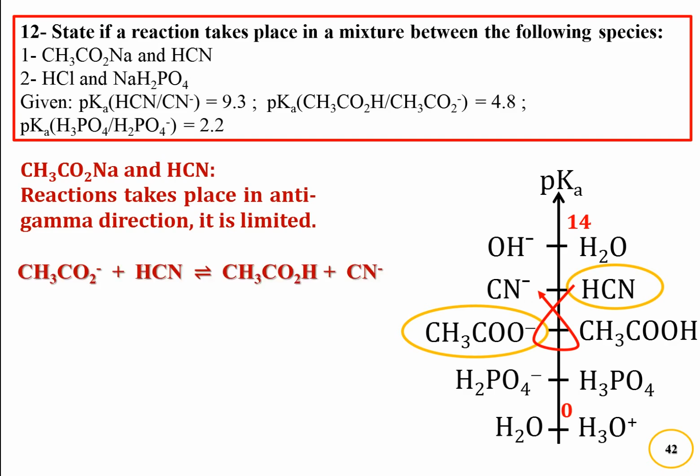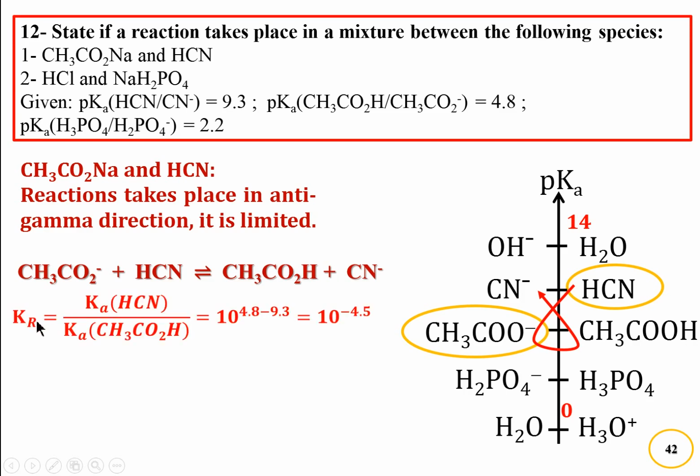We write the reaction: CH3COO- plus HCN gives CN- plus CH3COOH. K of the reaction is equal to the concentration of acetic acid times CN- at equilibrium divided by acetate and HCN at equilibrium.